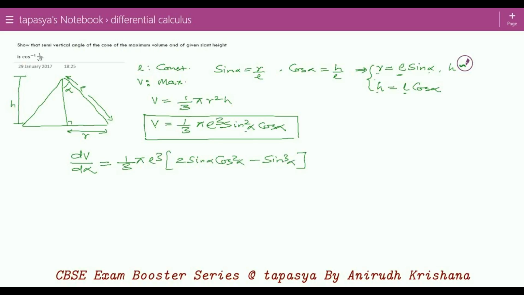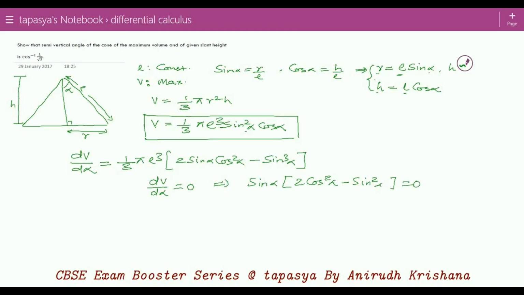For maxima and minima, you put the derivative equal to 0. So I put dV by d alpha as 0, and we get sin alpha into 2 cos square alpha minus sin square alpha equals 0.